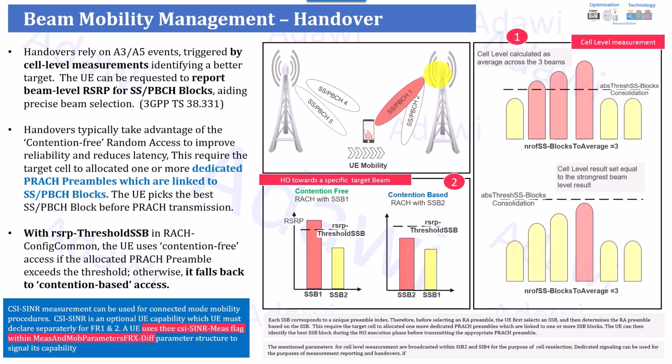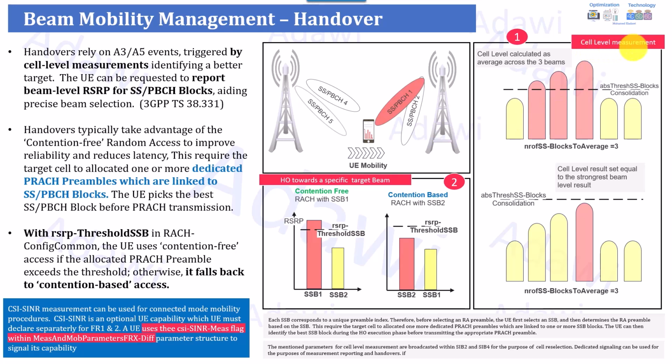For example, assume you are moving towards two different sides, one here and one at the bottom down here, and both of them have different conditions. So the question is how the user will calculate the cell level measurement for these two different sites. For example, assuming here we have 8 beams and the other one has 8 beams as well. So this involves something called cell level measurement.